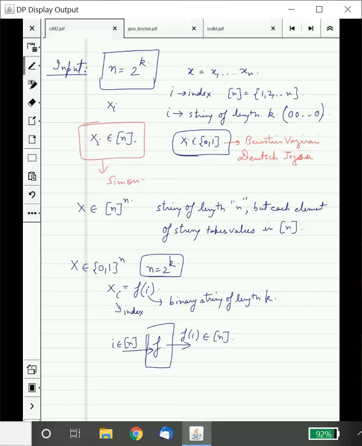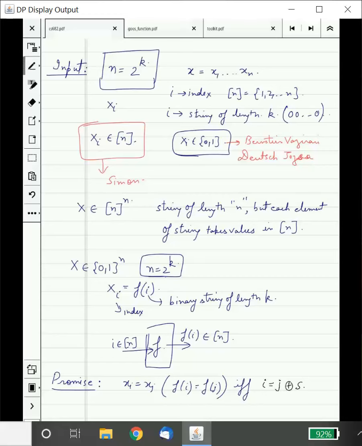Like last case, we are going to have the promise. The promise is that x_i is equal to x_j, which is the same as saying f_i is equal to f_j, if and only if i is equal to j XOR s.